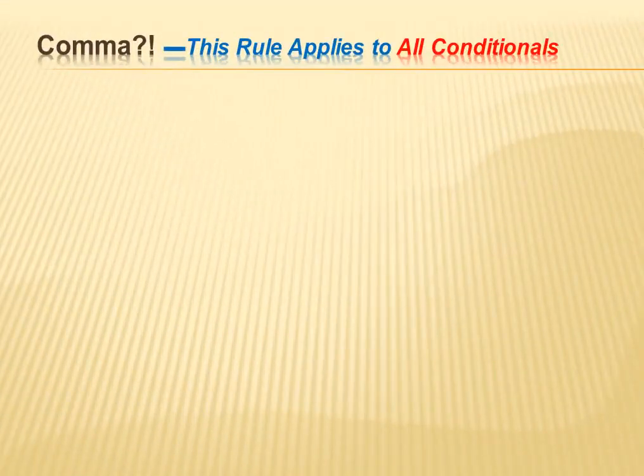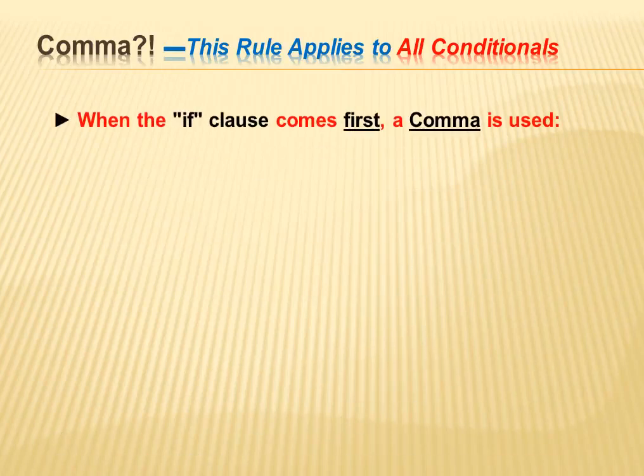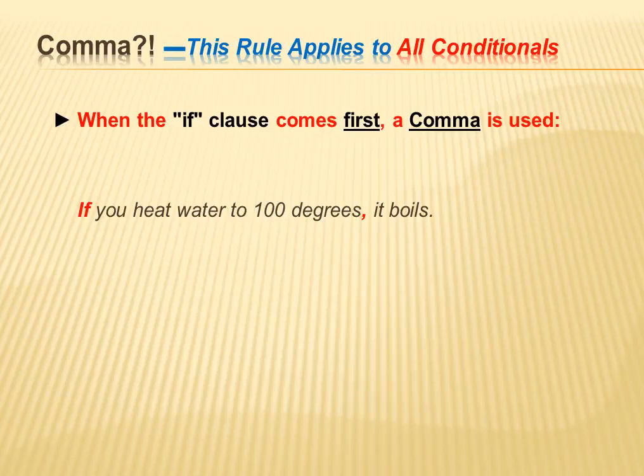Now let's go to the comma rule that we use in conditionals. When the if clause comes first, a comma is used. Take a look. If you heat the water to 200 degrees, comma, it boils. So when the if clause comes first, you have to use a comma: if clause plus comma plus main clause.